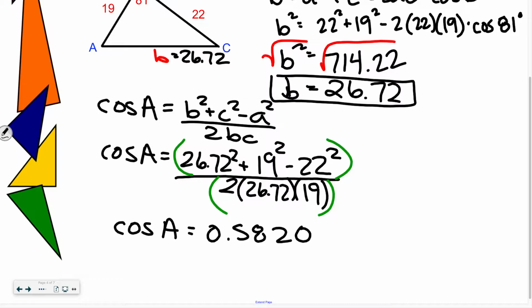Right now it's divided by 2 and then multiplying by the rest. Are you okay on the calculator here?